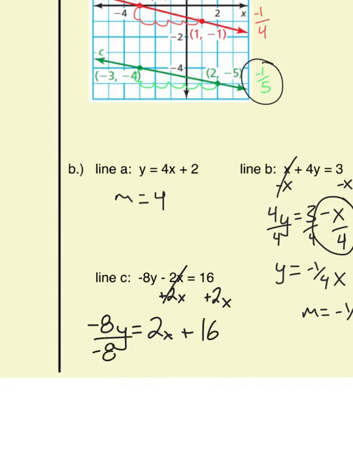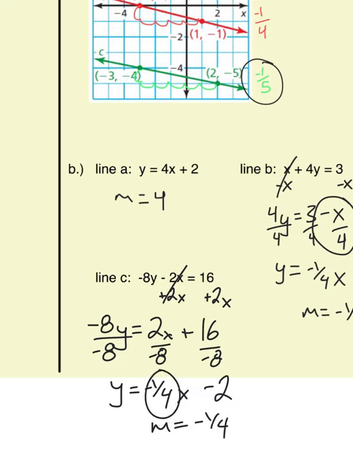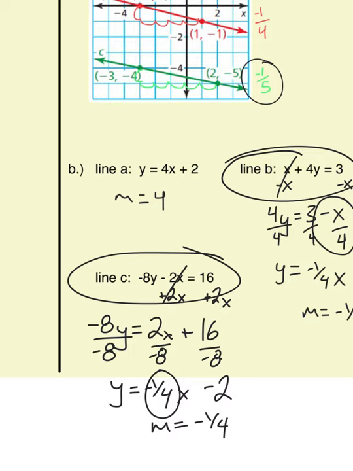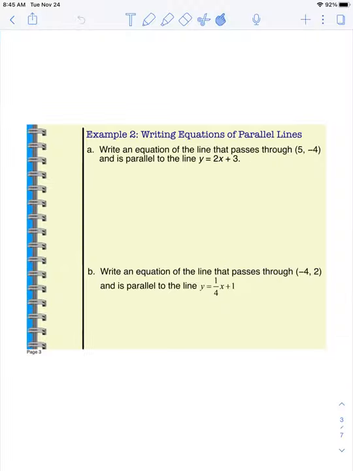Then I need to divide by negative 8, divide every single term by negative 8, and I get y equals, let's see, 2 divided by negative 8 is negative 1/4, x minus 2, because positive 16 divided by negative 8 is negative 2. And here I have m equals negative 1/4, there's my slope. So lines B and C are parallel. They have the same slope.